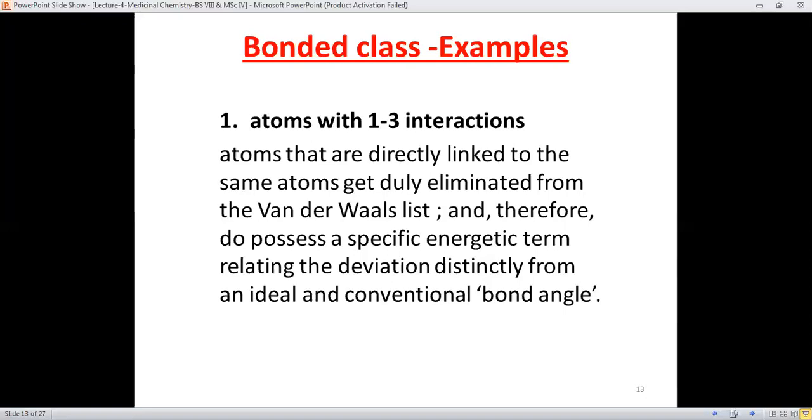Bond length is going to increase or decrease due to all types of vibrations, and therefore there must be deviation from the ideal or conventional bond angle.